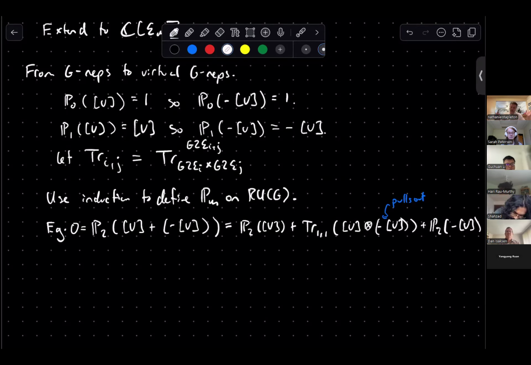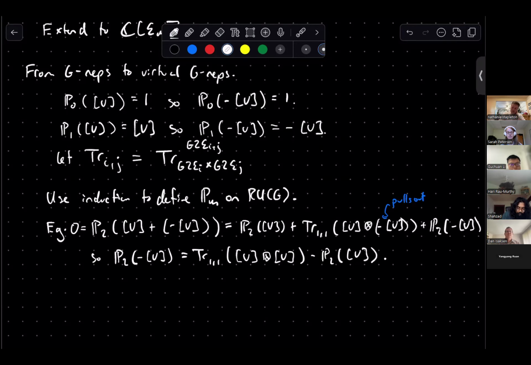And now just rewriting what's here, we learn that P2 of minus V is minus TR11 of V box times V minus P2 of V, by just moving things around using the 0 that's there. So that's the idea of how the inductive process occurs that extends this to all of RU of G.